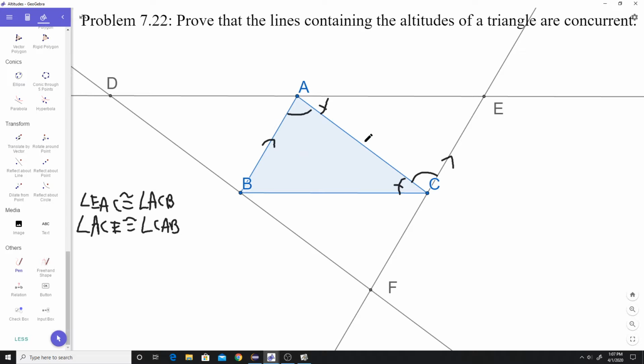Well, they both share the side AC, and that implies we have angle-side-angle. So I know that triangle ABC is congruent to triangle CEA by angle-side-angle congruence.